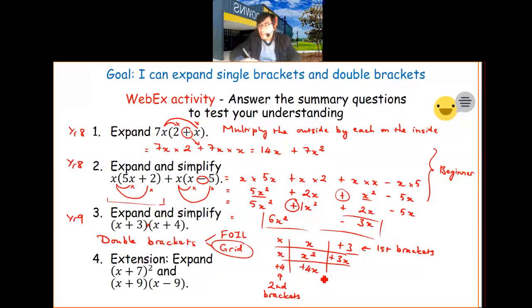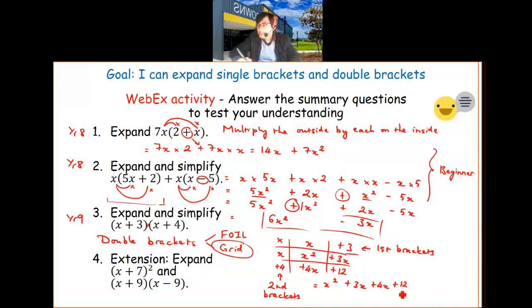And finally we have plus 4 times plus 3. Two positives give us a positive, and 4 times 3 is 12. So our answer is x squared plus 3x plus 4x plus 12.